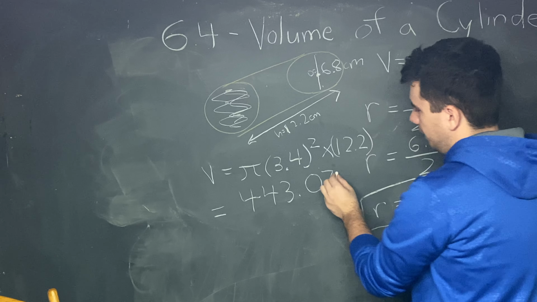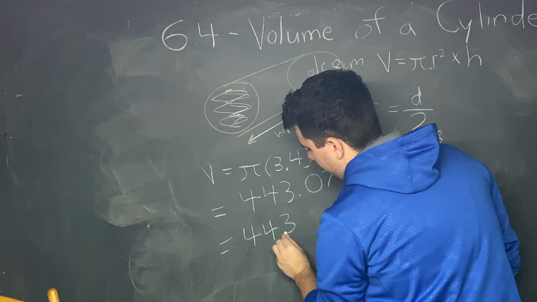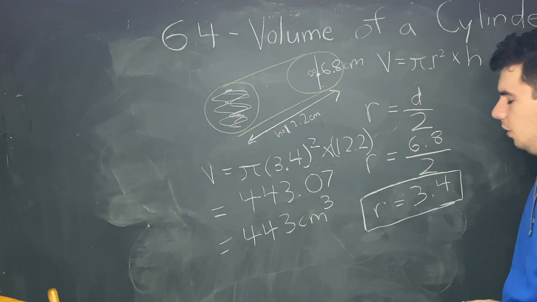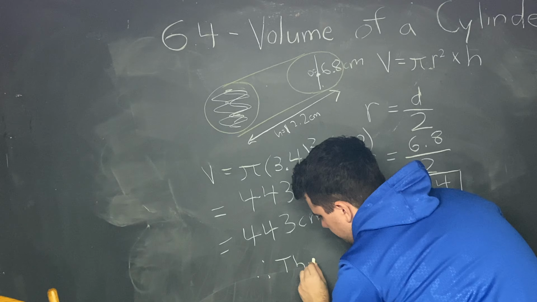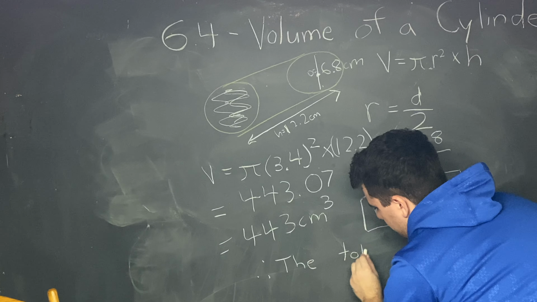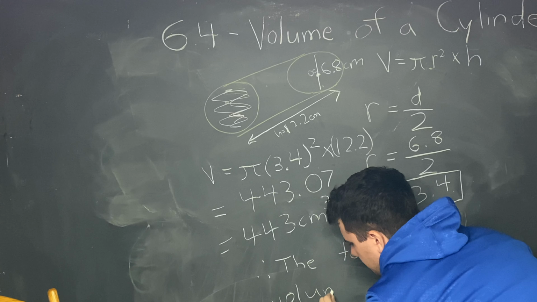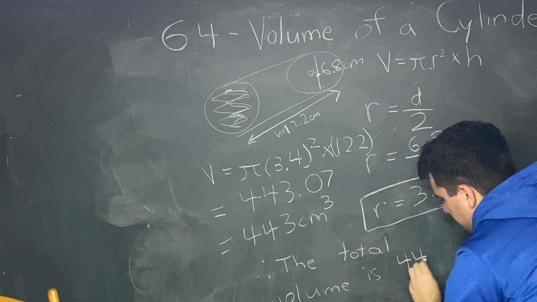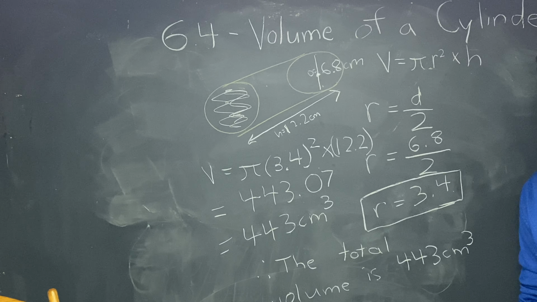So if I was to round this number, it would equal 443 centimeters cubed. So our total volume is 443 centimeters cubed.